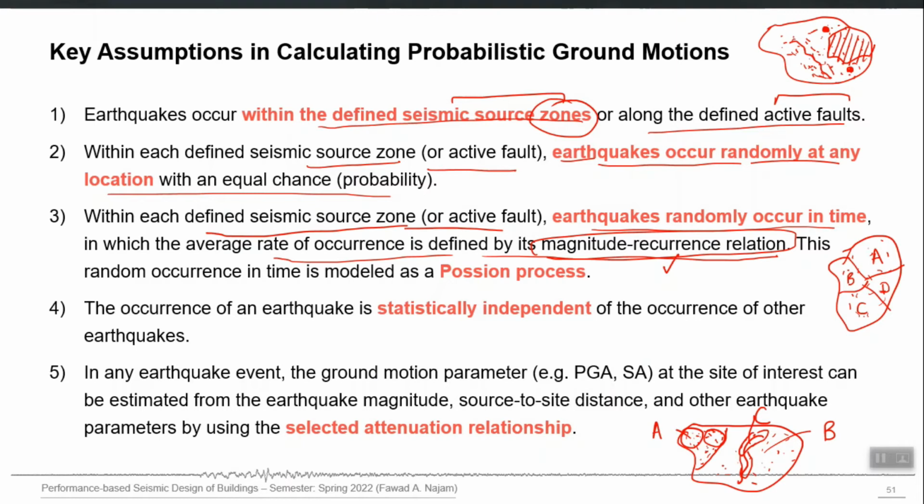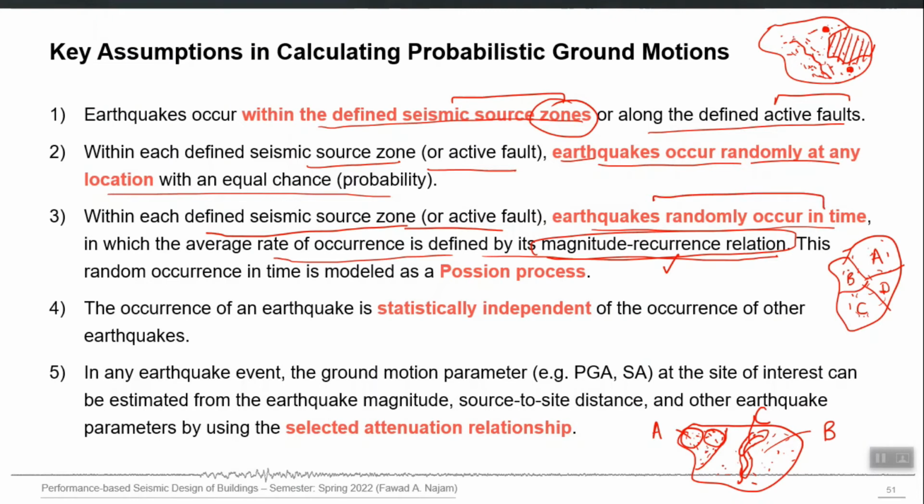So it's a graph which you will construct for each source, and that graph will tell us how active or less active that source is. But the main assumption is that the earthquakes randomly occur in time.